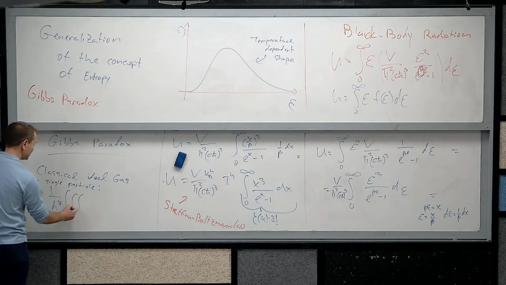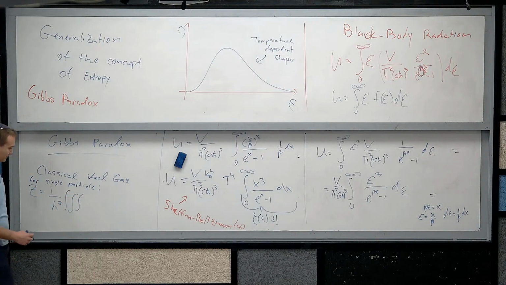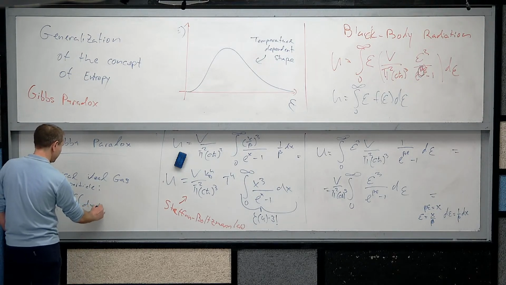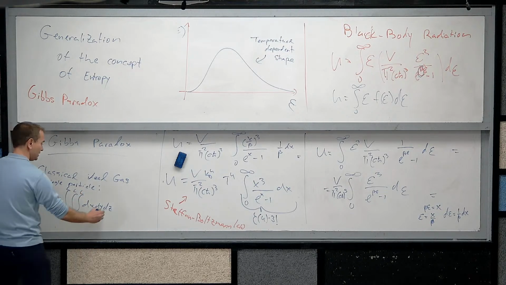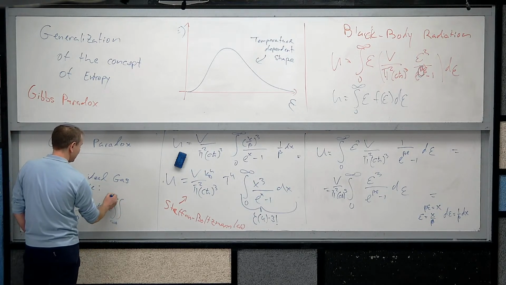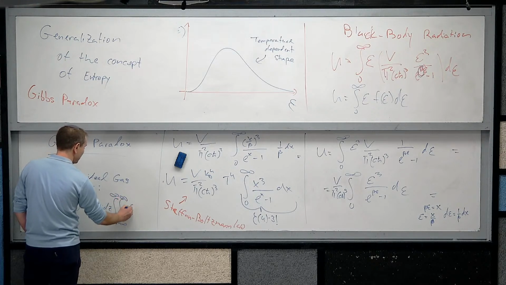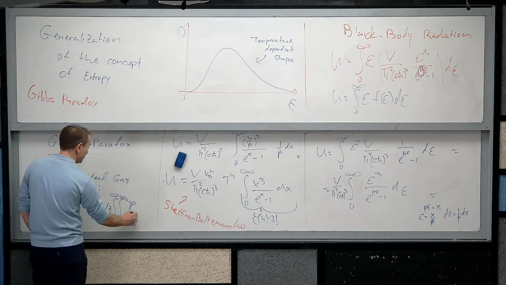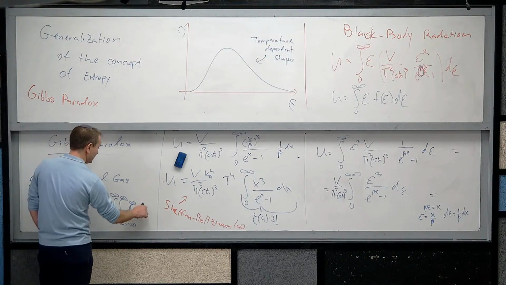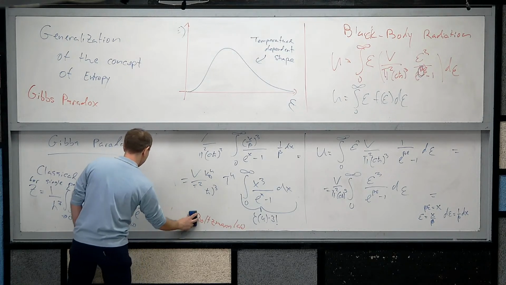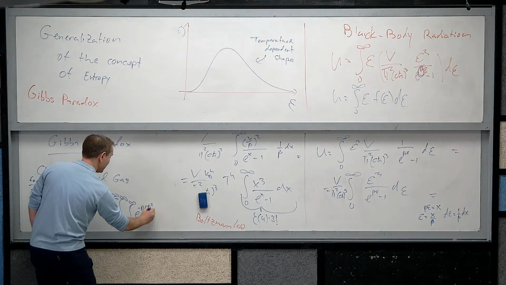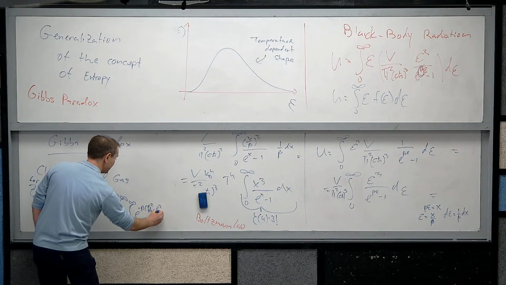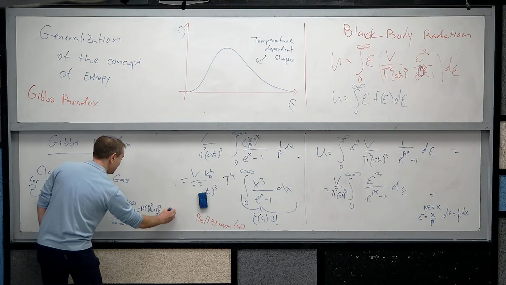We have integrations over all the space, so dx, dy, and dz, from 0 to L, from 0 to L, and 0 to L. And we have integrations from minus infinity to infinity, for each of dpx, dpy, and dpz, of e to the power minus beta (px squared divided by 2m plus py squared divided by 2m plus pz squared divided by 2m).